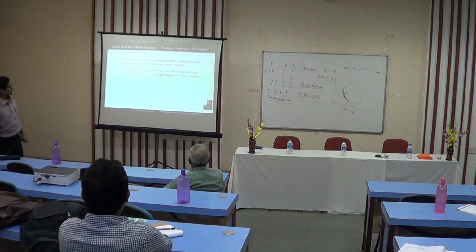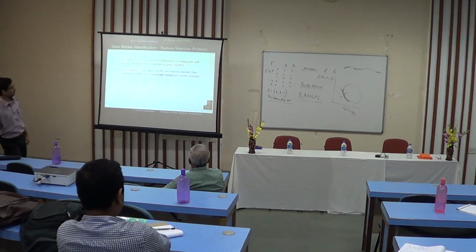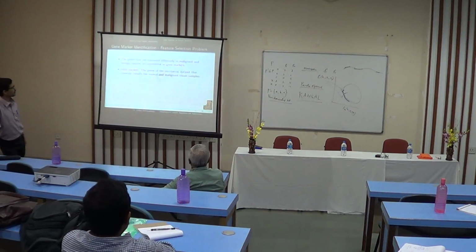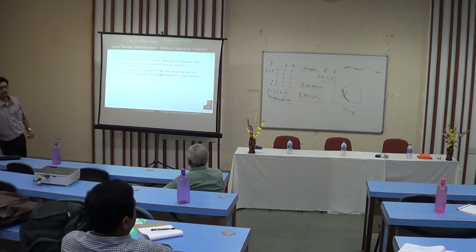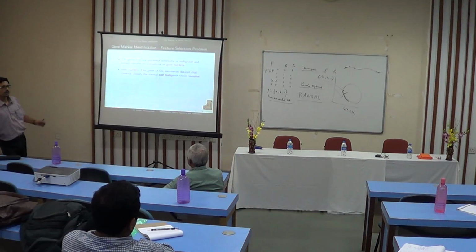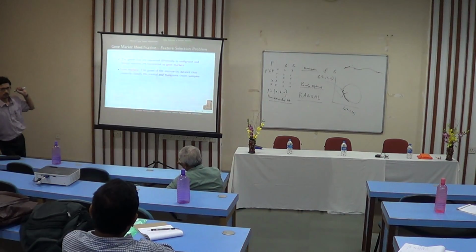Gene markers are those genes of the microarray that correctly classify the normal and malignant tissue samples. Just seeing the expression pattern of the gene, you can classify whether the corresponding sample is malignant or normal.